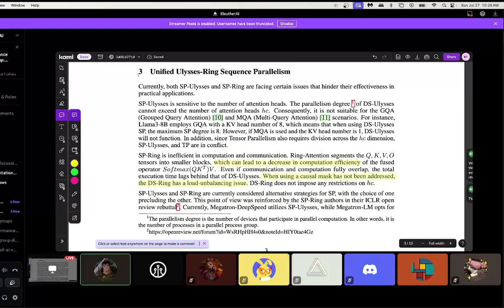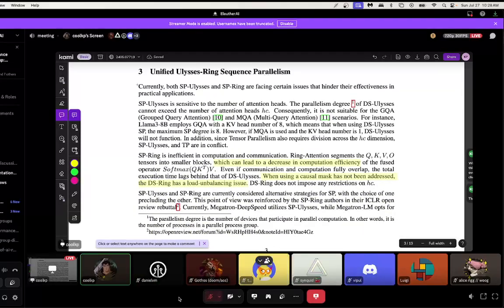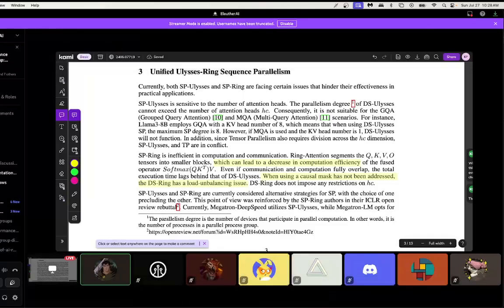And now here they discuss this unified method, introducing their hybrid, which essentially just combines these two. It doesn't modify either of them in isolation. Just so we are clear, when we go into this presentation, neither of those two methods, Ulysses as well as ring, are modified.